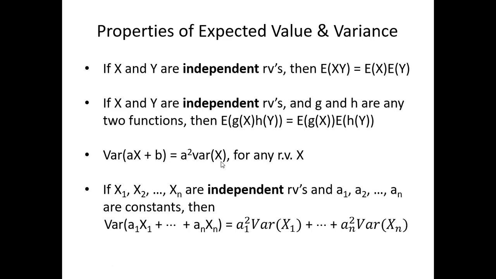If I have n random variables, x1, x2, and so on up to xn, and they're all independent, and I have constants a1 up through an, so these might be just real numbers, then the variance of this sum is equal to a1 squared times the variance of x1 plus a2 squared times the variance of x2 and so on up to an squared variance of xn.